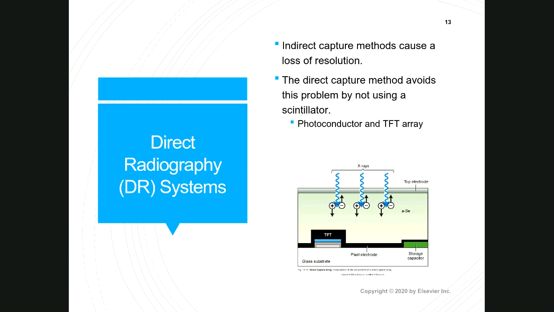The direct capture method uses a photoconductor and the TFT array, which is the thin film transistor. So with DR systems, the direct capture method is the better of the methods because there's not a loss of resolution. With the two forms of indirect capture, there is a loss of resolution. And that's with the DR systems.